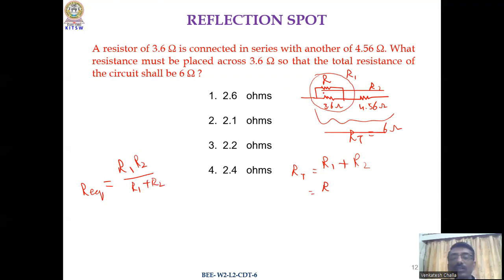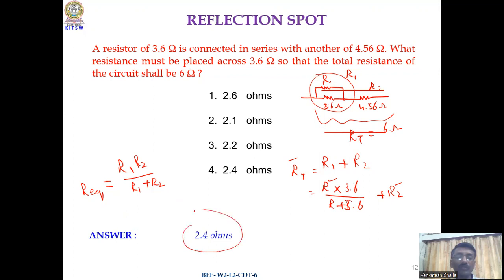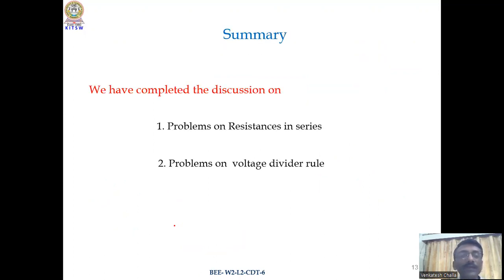So it is R into 3.6 divided by R plus 3.6, plus R2. You know RT is 6 ohms, you know R2 is 4.56 ohms, and 3.6, so only R is left. You please solve this one. You have to get the answer as 2.4 ohms.